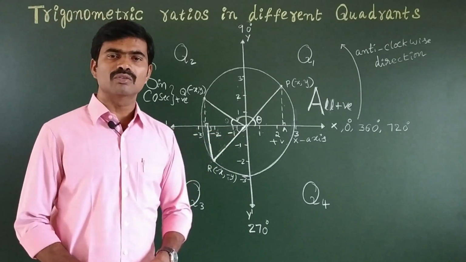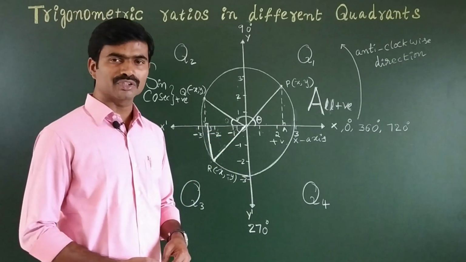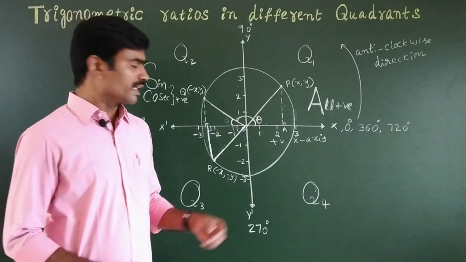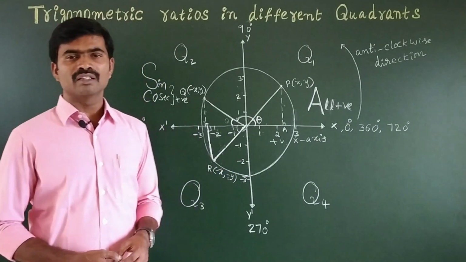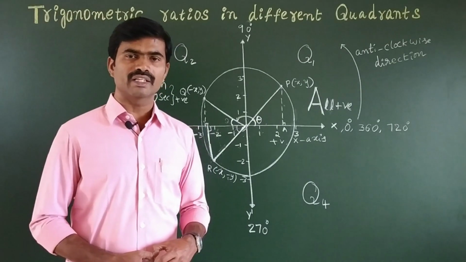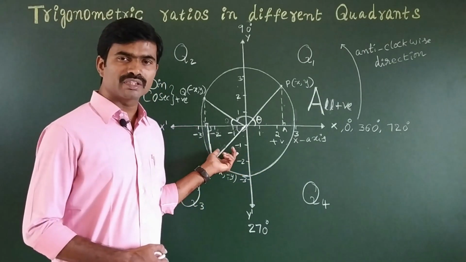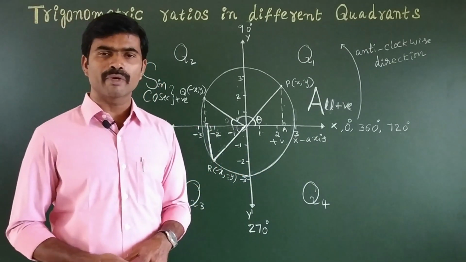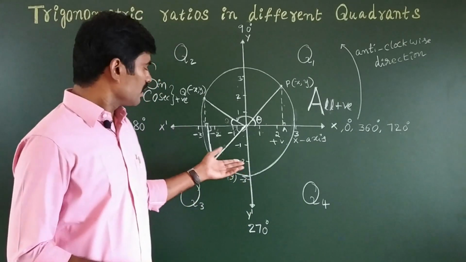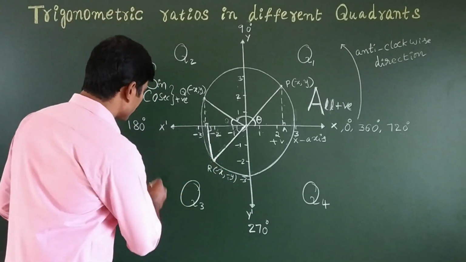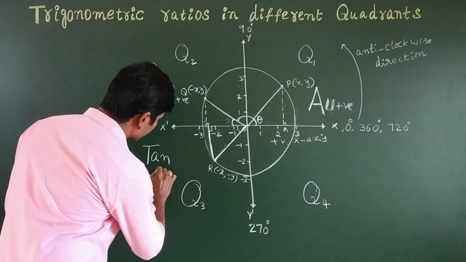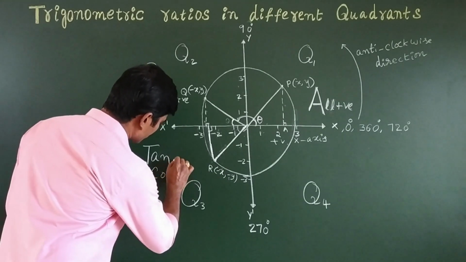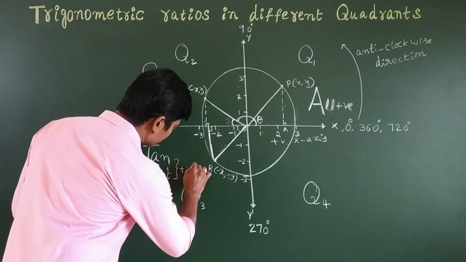So in this third quadrant, tan theta is positive. We observe that tan theta and its reciprocal cot theta both are positive in the third quadrant, and the remaining trigonometric ratios are negative. So tan and its reciprocal cot are positive.